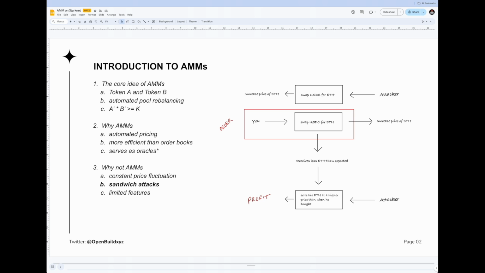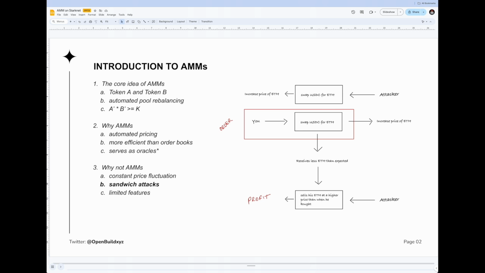If you place an order, swapping USDC for ETH, it means that after the trade there will be less ETH in the pool because you're getting ETH, and more USDC. So the price of ETH will increase because there is less ETH in the pool. Your trade will increase the price of ETH. Now, if someone replicates the anatomy of your trade, they come in before you and increase the price of ETH before you actually trade it.